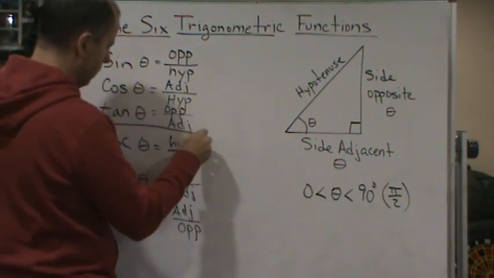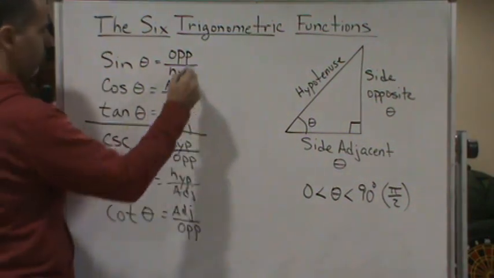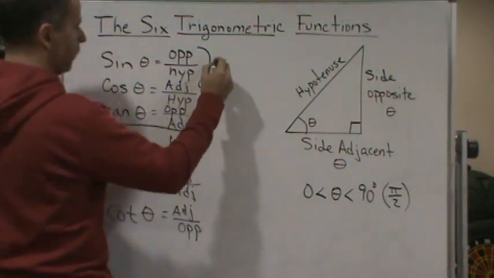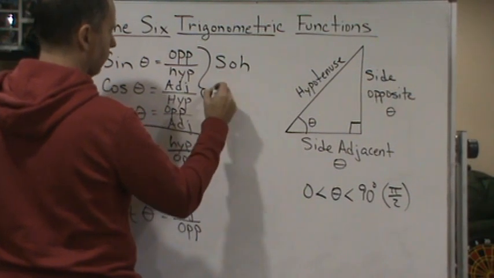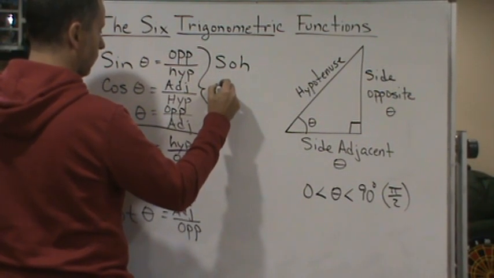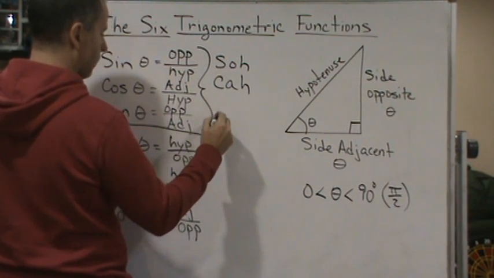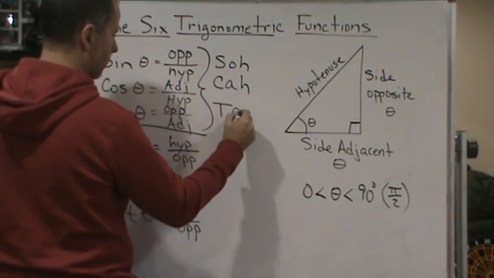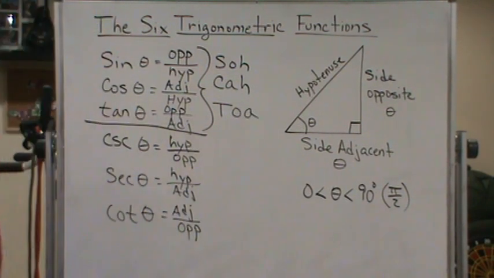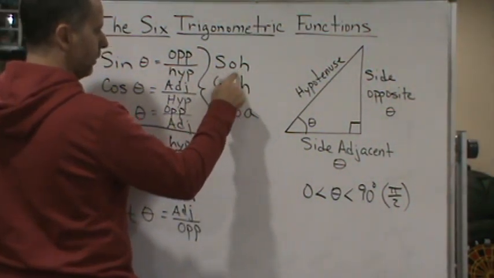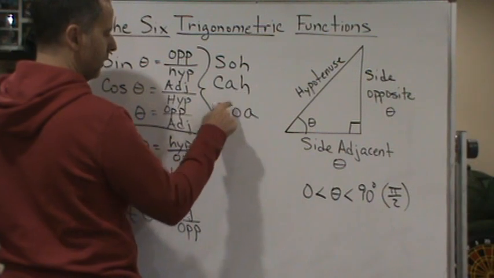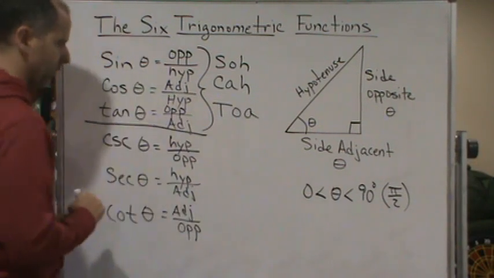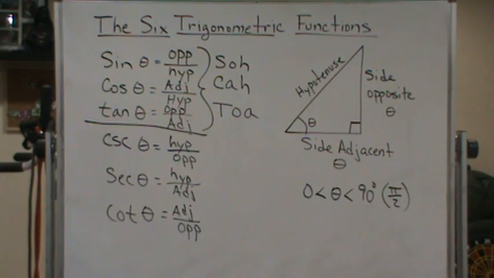So, SOH, CAH, TOA. Sine is opposite over hypotenuse, cosine is adjacent over hypotenuse, tangent is opposite over adjacent. If you memorize that, then that'll give you the first three, and just realize the other three are just reciprocals of the first three.